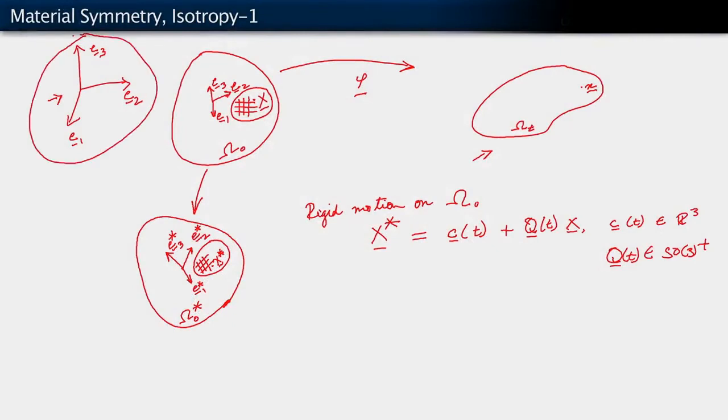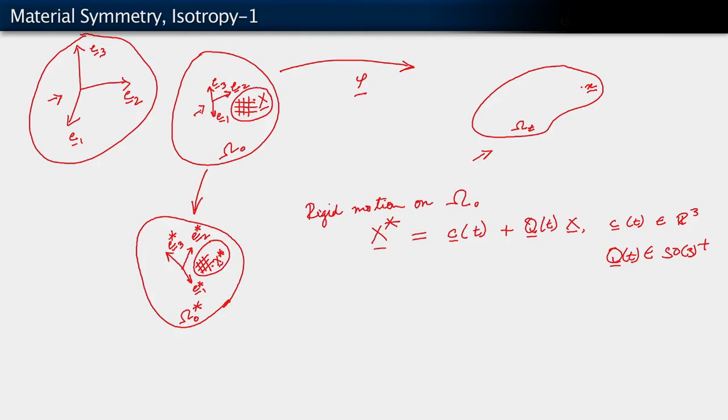I also made a copy of that basis and put it on the original reference configuration omega naught, and you can see it here. And then I applied a rigid motion to that reference configuration. Of course, it's only the rotational part of that rigid motion that's really important here.